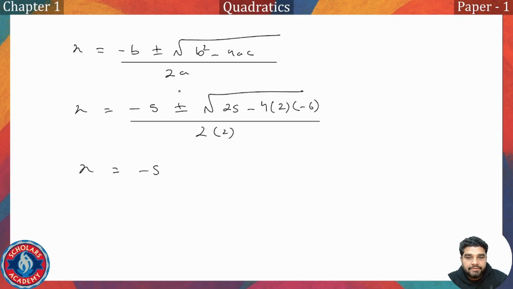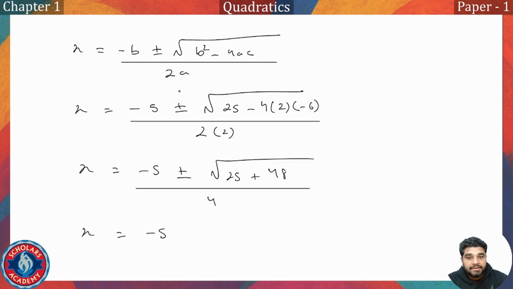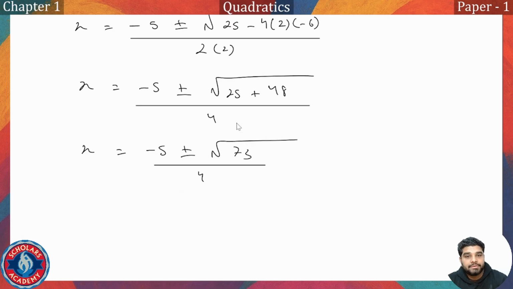X is equal to negative 5 plus minus root of, now we'll simplify it, 25, negative negative positive, 4 times 2 times 6, 8 6s are 48, by 4. So our answer will be negative 5 plus minus root of, now this is 73 by 4. So that's the answer.